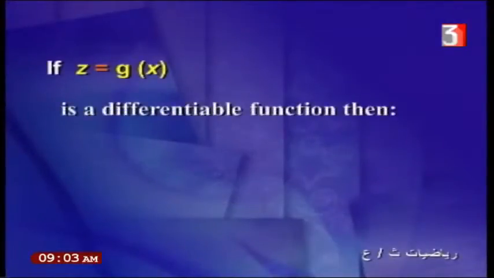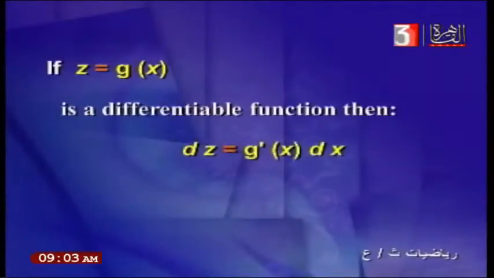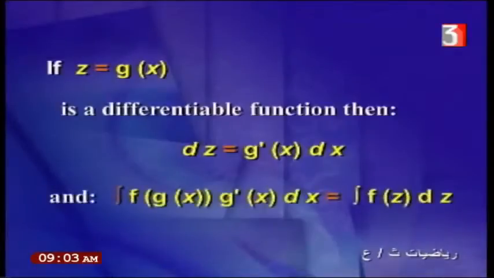If z equals g of x is a differentiable function, then the differentiation of z, which is dz, equals g dash x dx, and the integration of f g of x times g dash x dx equals the integration of f of z dz.